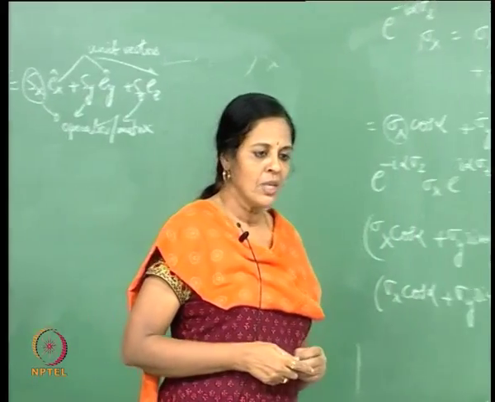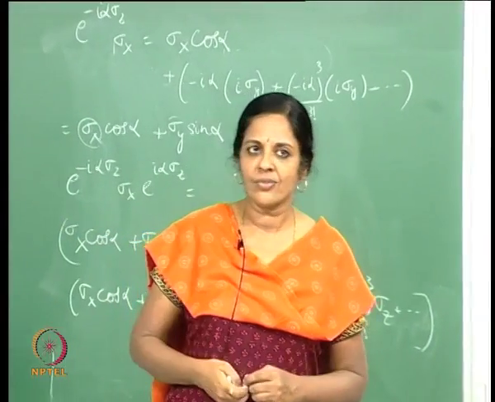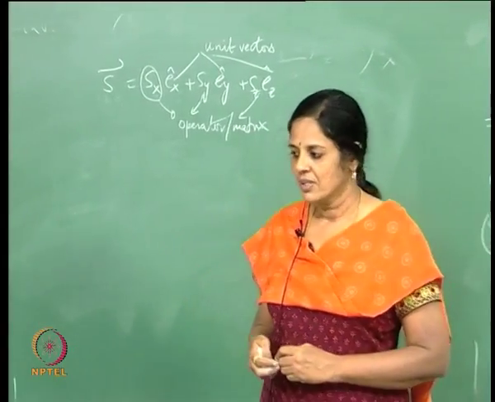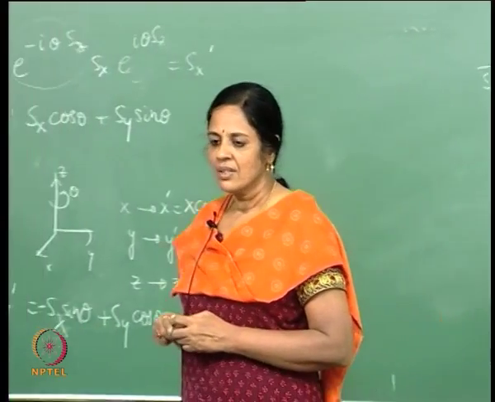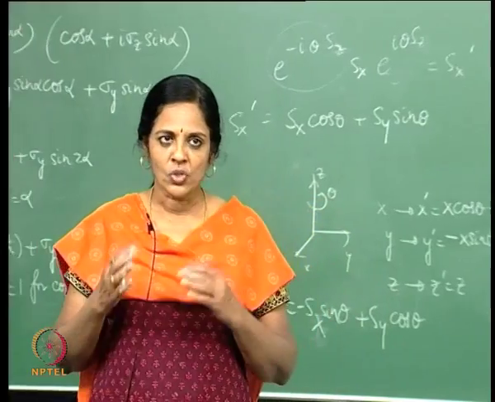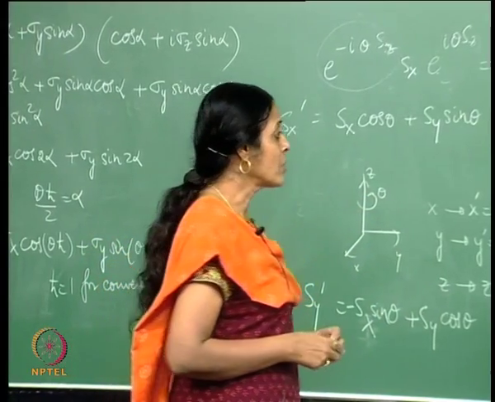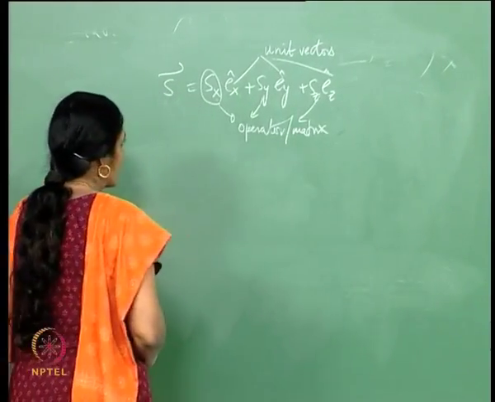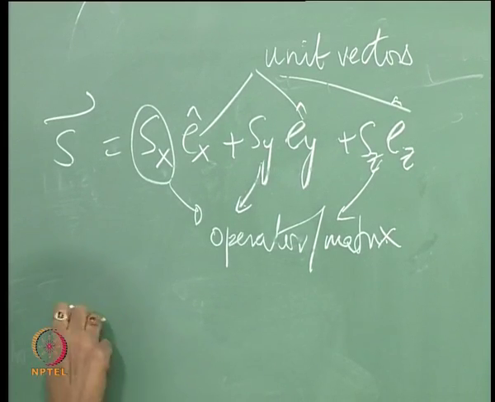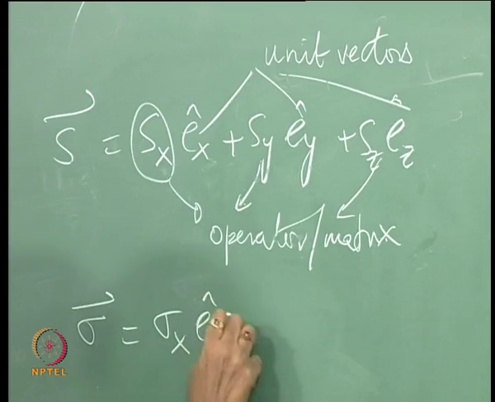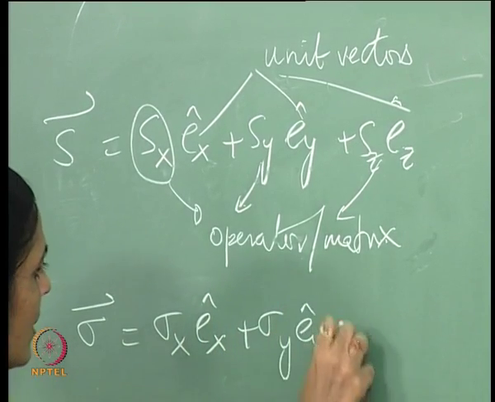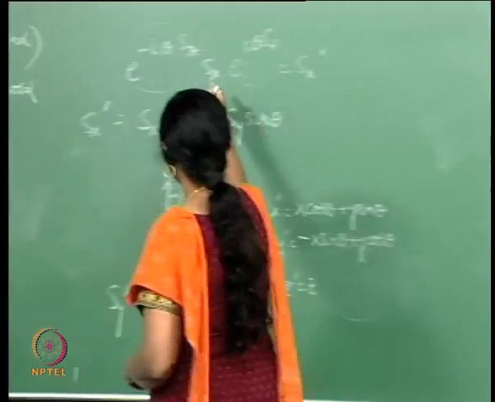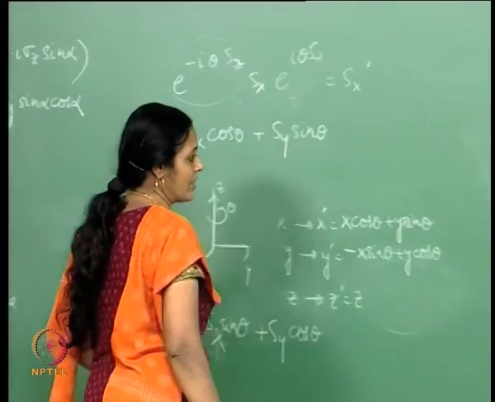An object could transform as a vector under a set of transformations. It need not transform as a vector under some other set of transformations. So it is very important when discussing whether an object is a vector or not to state what is the transformation that one is looking at. In any case, this object S is a vector. To that extent, I can define sigma as sigma x Ex plus sigma y Ey plus sigma z Ez. That too is a vector under a transformation where Sz is replaced by sigma z and so on.